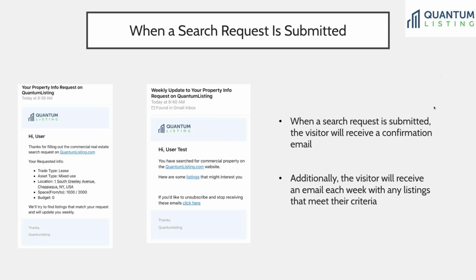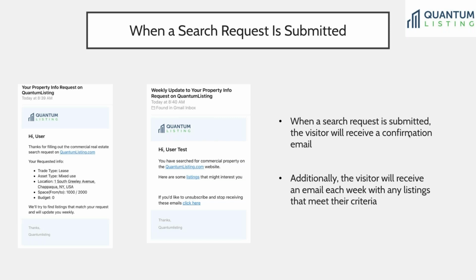Okay. So when a search request is submitted, the visitor is going to receive a confirmation email, which is what you're seeing on the left side of your screen. It says, hi, thanks for filling out the commercial real estate search request on QuantumListing, and then it recaps what they were looking for.